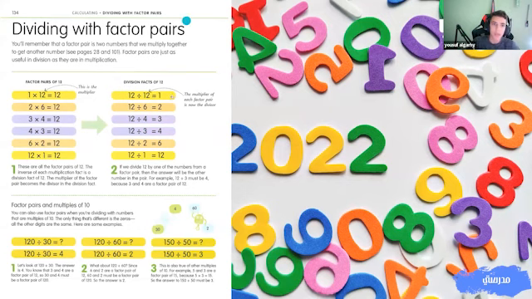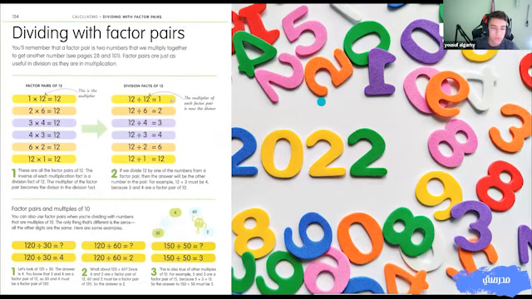All right. So let me ask you guys, do you think there's any connection between the two? Do you think there's any connection between multiplication and division?